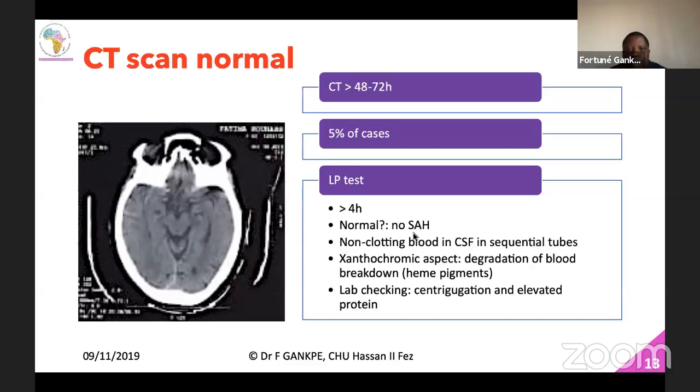But the lumbar puncture is most helpful when it's done after 4 hours, showing non-clotting blood in the CSF in the second cell tube, and after centrifugation the aspect is xanthochromic. These are the different aspects of lumbar puncture when we are checking for subarachnoid hemorrhage.